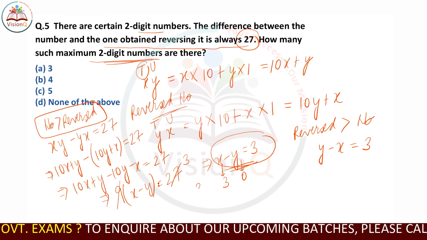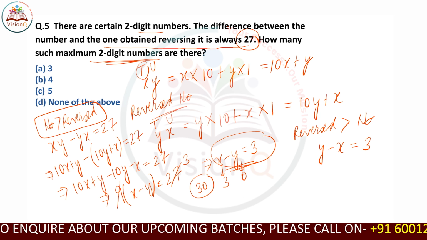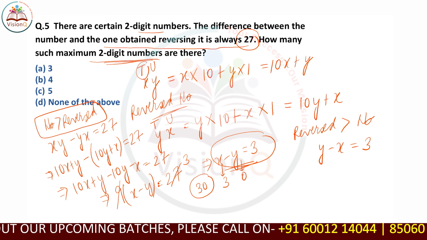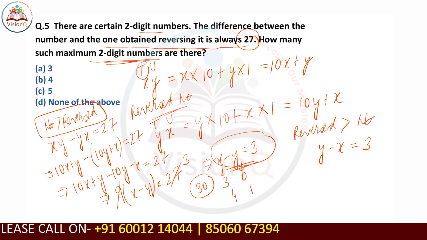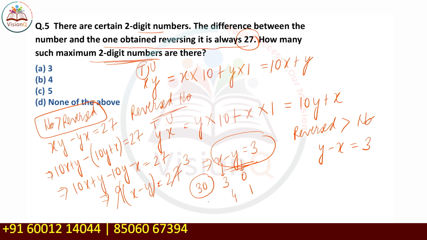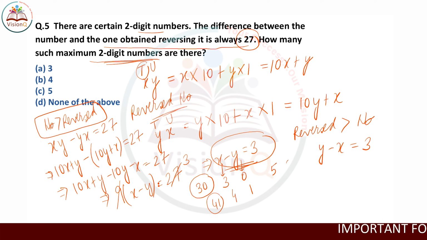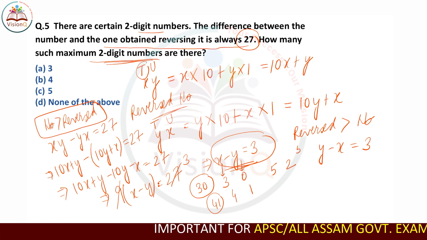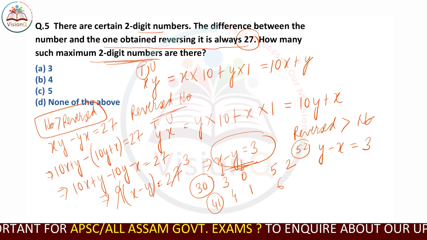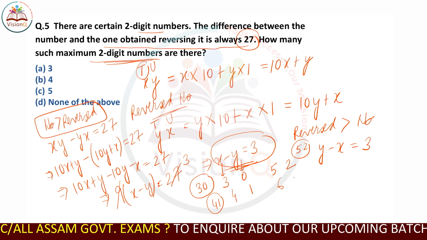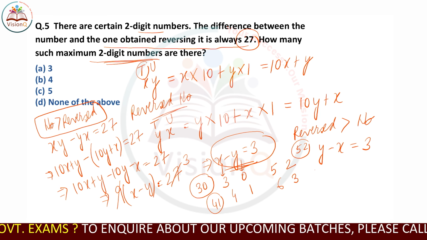The number will be 30 because 3 minus 0 is 3 only. And if I take x as 4, then y should be 1. 4 minus 1 is 3, the number is 41. If I take x as 5, then y should be 2 because 5 minus 2 is again 3 only, the number is 52 here. Then also x can be what? 6. If I take x as 6, then y should be how much? 3. The number will be 63.